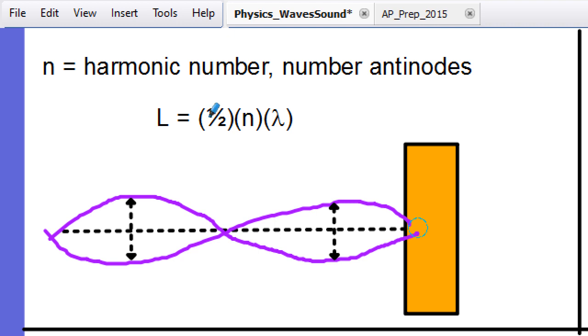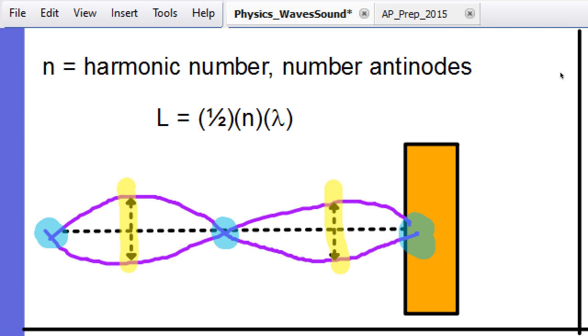So here we have 1, 2, 3 nodes, and 1, 2 antinodes. So n equals 2 here.